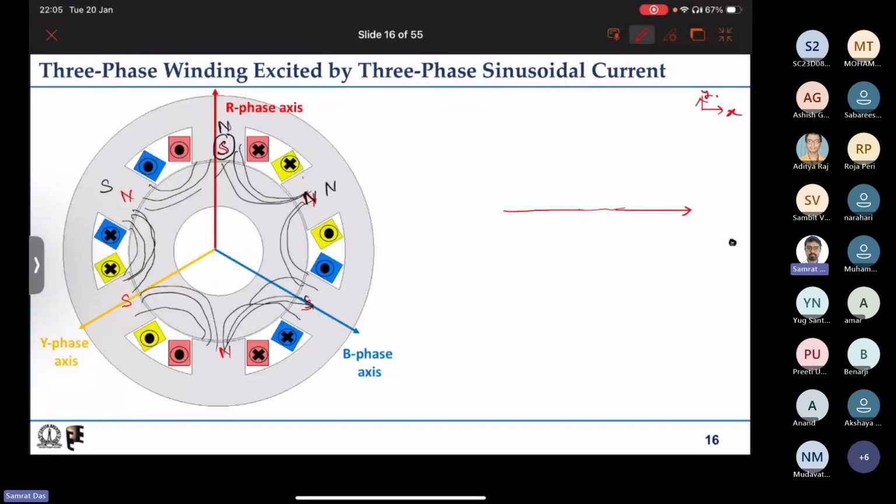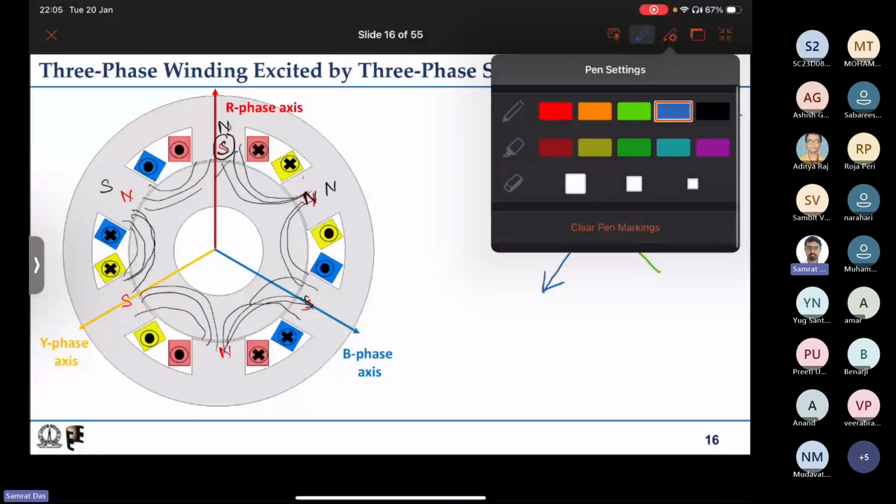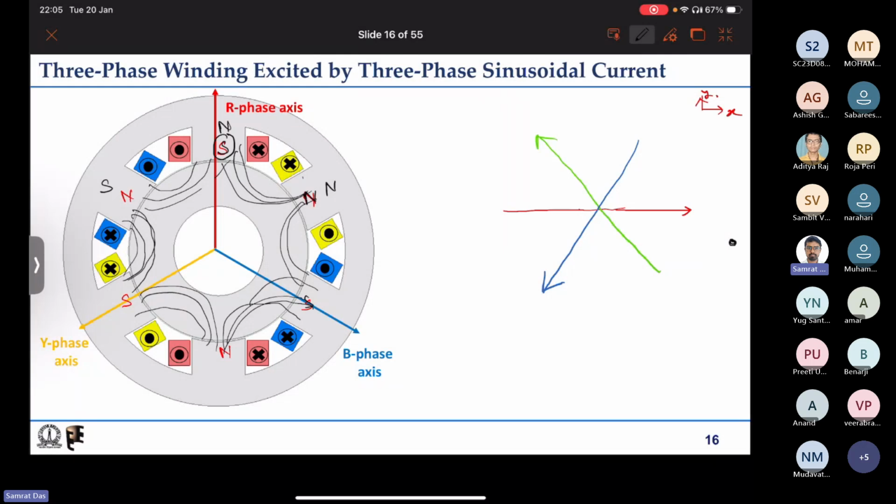So this is the first axis, this is the second axis, and this is the third axis, right? Now what is the unit vector along this axis? This is at angle 0 degree, this is at angle 120 degree, and this is at angle 240 degree, right?